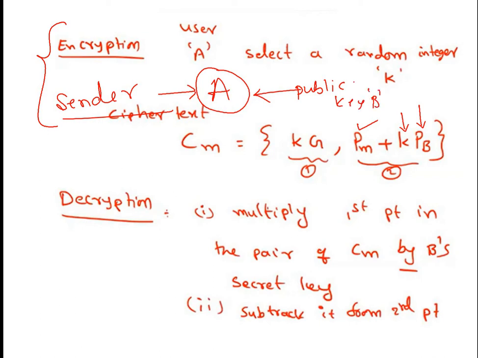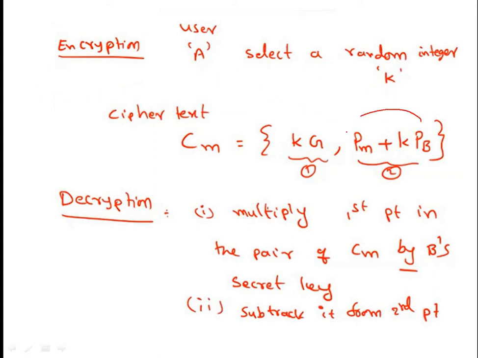Got it? So what A will do? A will take the public key value, and then it will calculate this part. So this pair together, we are calling it a ciphertext. So this happens at the sender side.